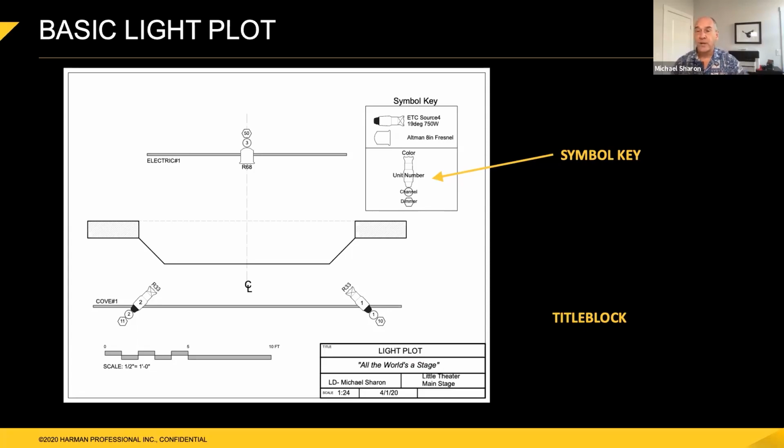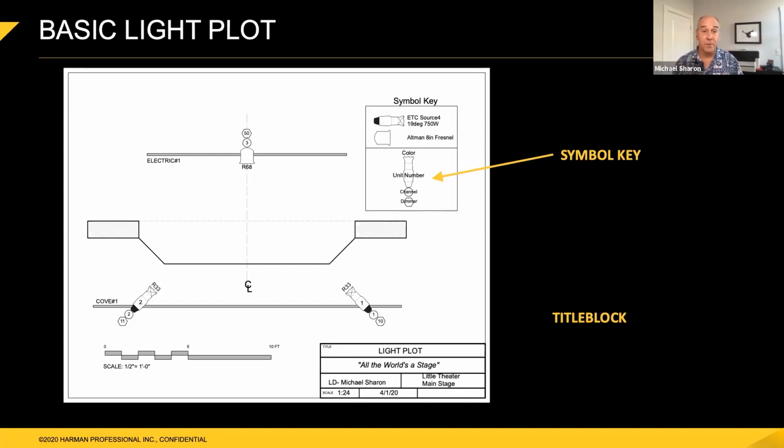So now you've got a symbol key. Your symbol key is where we call out all of the symbols that you use in your drawing, so all of your lights, all of your various pieces of equipment, and then also how, on your particular drawing, you are marking out what the color is, what the unit number is, channels and dimmers.